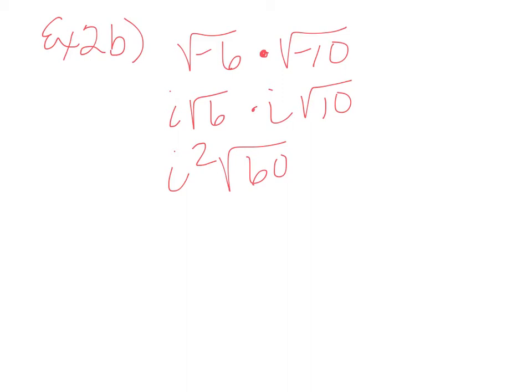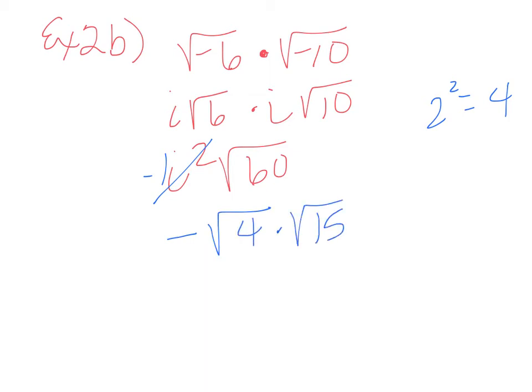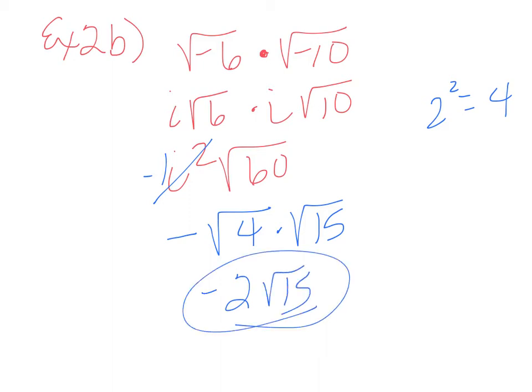So you know that 2 squared is 4. Does 4 go into 60? Whammo jabammo. And we know that this i squared is a -1. So we have negative square root of 4 times the square root of 15. Cool. So -2 root 15, and that's our answer.